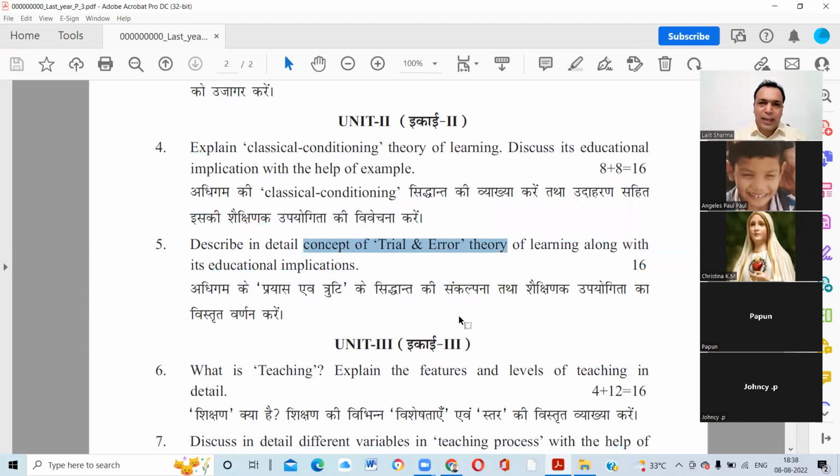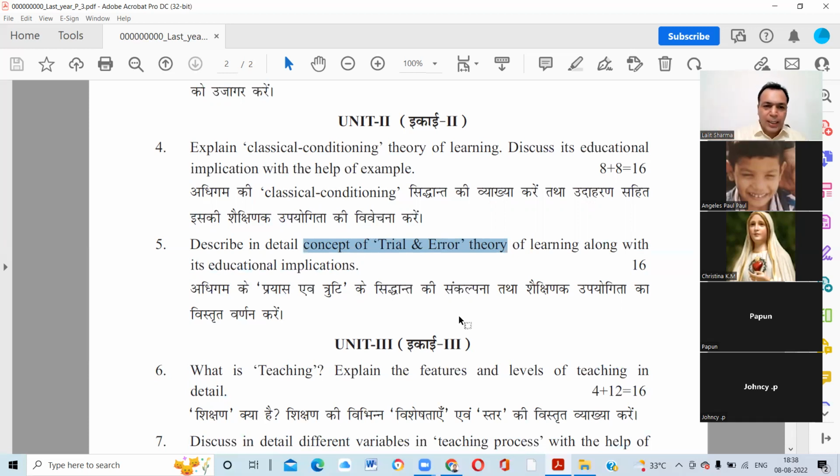So first we see our paper. Then I have solved the paper for you. Then we will switch to our Word file, where I will explain to you. Right, guys? So, trial and error theory. I have already told you many times, you have to read the question once, twice, what the question asks, then you have to write.